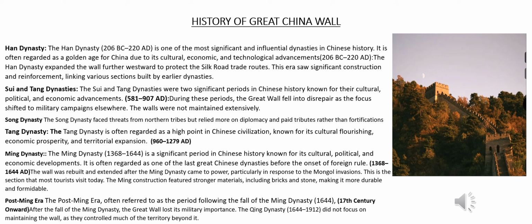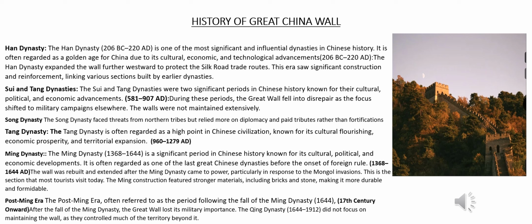Shang dynasty was for a long time but could not progress the China Wall. Tang dynasty again came into being from 916 to 1279 AD. Ming dynasty came into being in 1368 till 1644 AD.